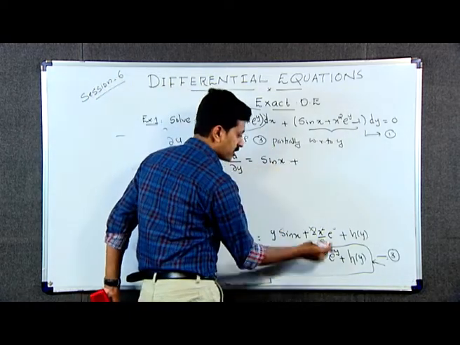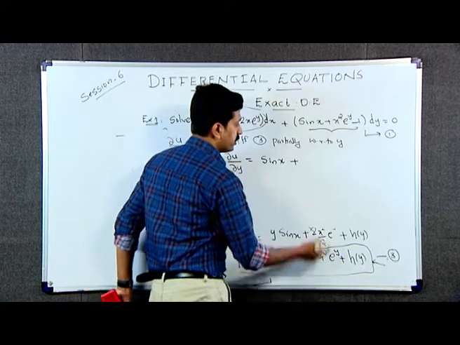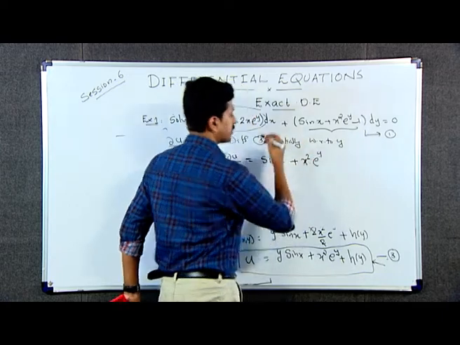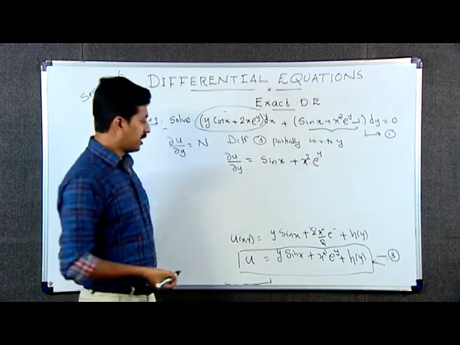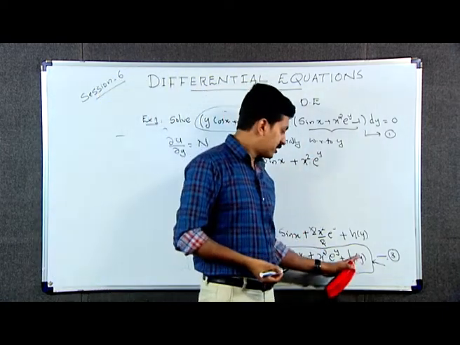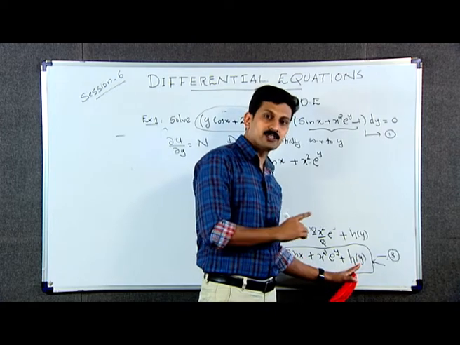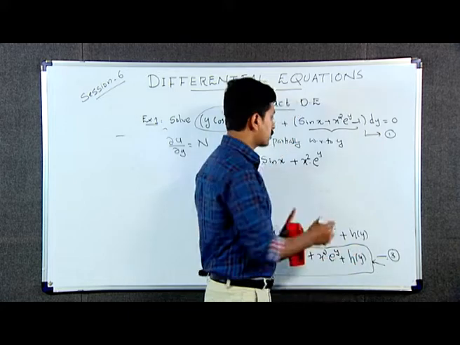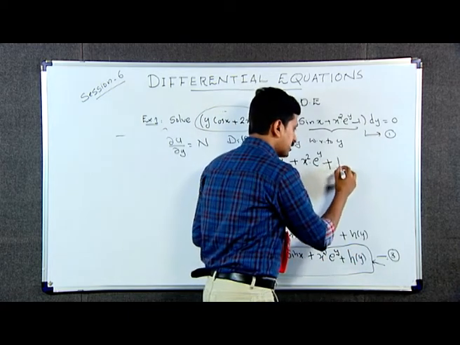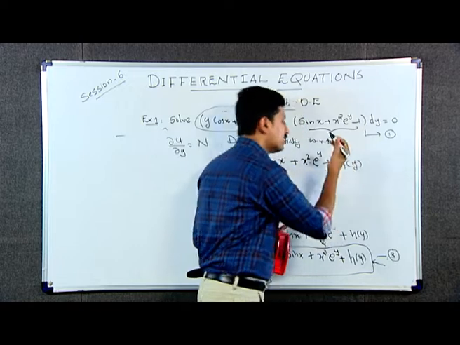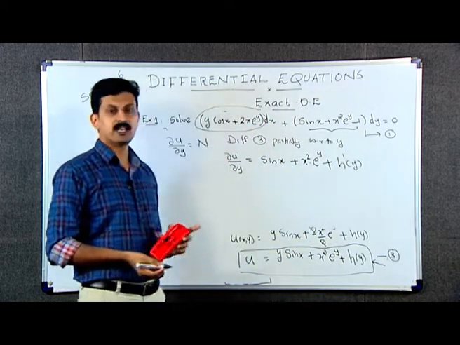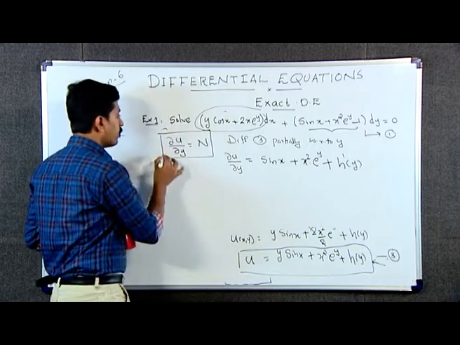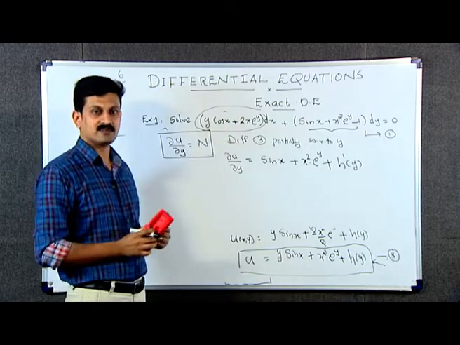Here x square is a constant, and the derivative of e raised to y is again e raised to y. Then the derivative of h of y: h of y is a function of y alone, so even when differentiating partially with respect to y, it is like an ordinary derivative, therefore we just write h dash of y.